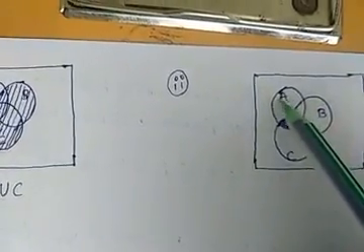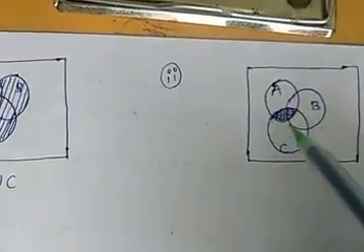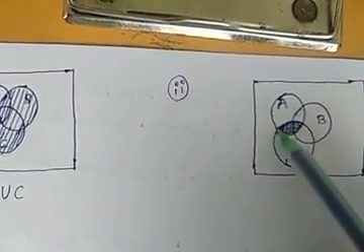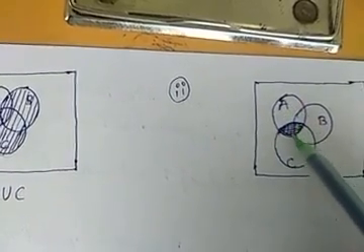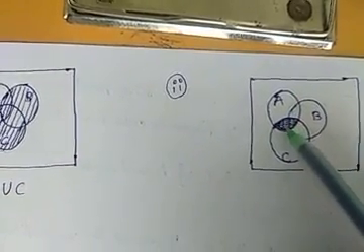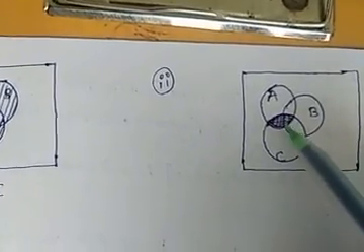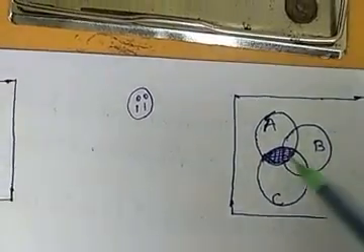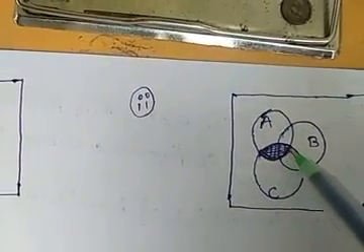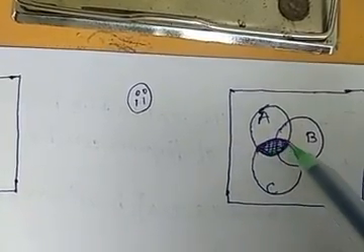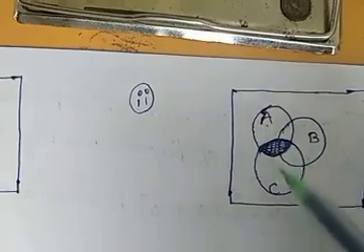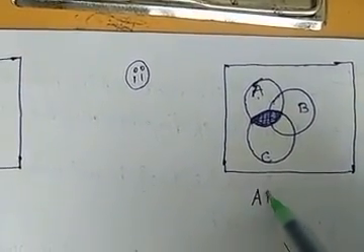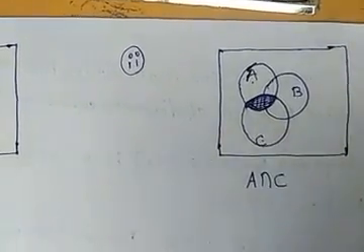Here the shaded region is some part of A and some part of C. We can see that it is an intersection part, the common part of A and C. So it should be A intersection C.